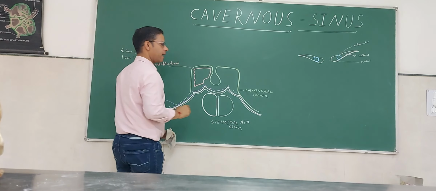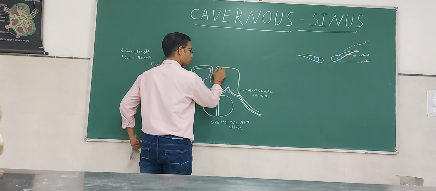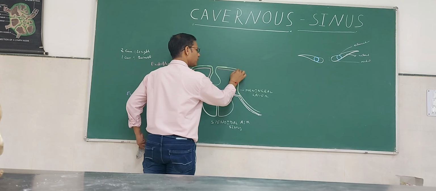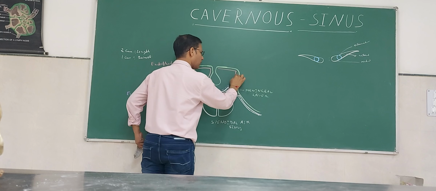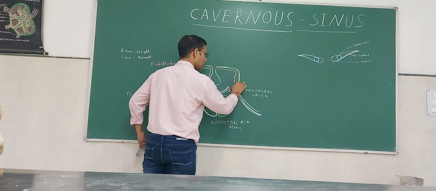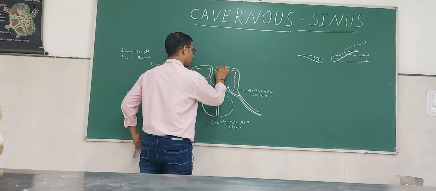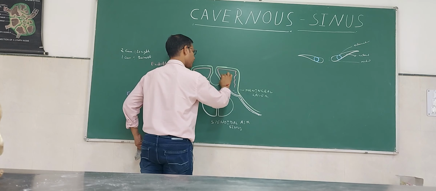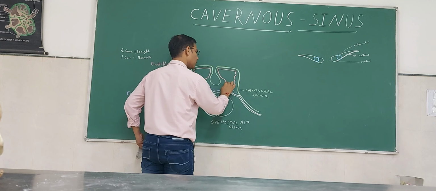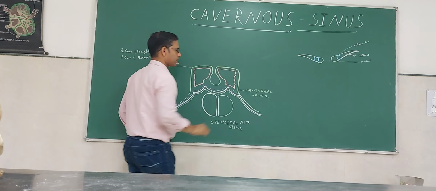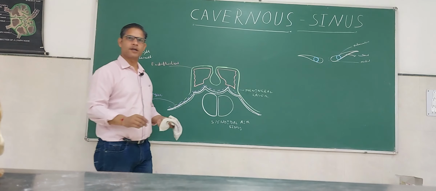This is the endothelial layer. Again, I am drawing this and purposefully forming the loop in the lateral wall, showing the endothelium forming the sinus. Now this sinus is completed.